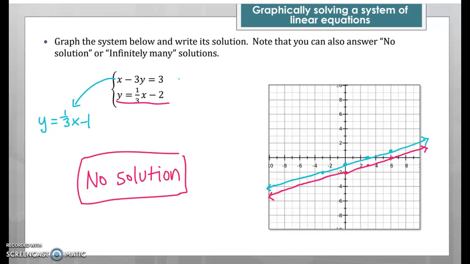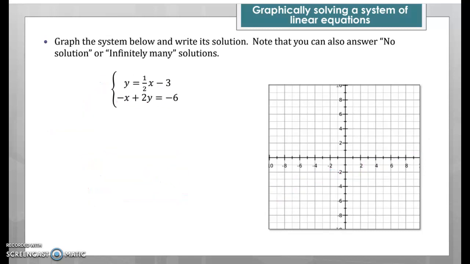Okay, next. This first line is already in y equals mx plus b form. Now let's take a look at this second line real quick and get it into y equals mx plus b form. So I'm going to subtract a negative x, or add x.